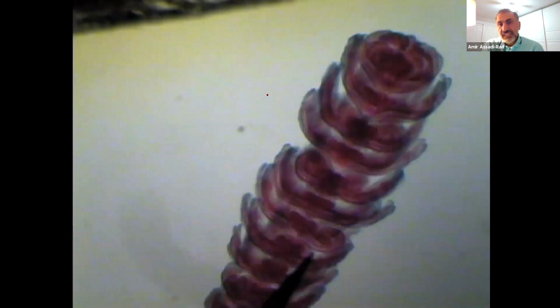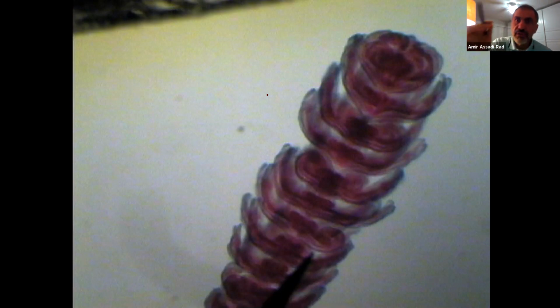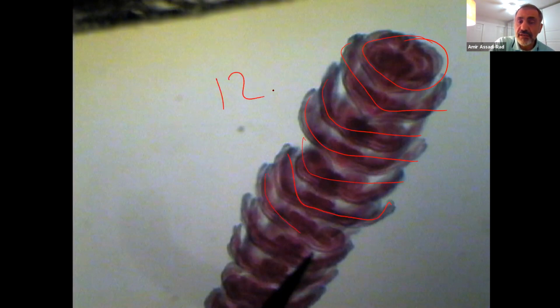Okay, this is your Ephyra, the strobila stage. Each one of this, not Ephyra, I'm sorry, this is Aurelia strobila stage. And each one of these will become a starfish. Not starfish, jellyfish. Oh, come on. And usually there are 10 to 12 of them in here.